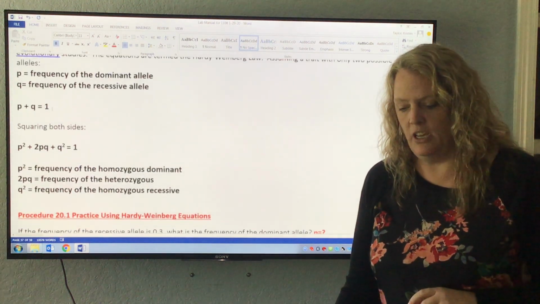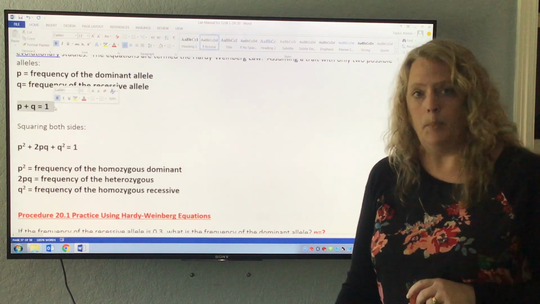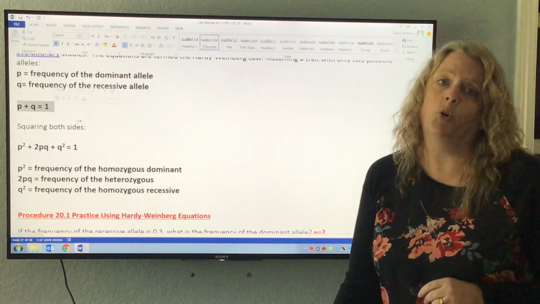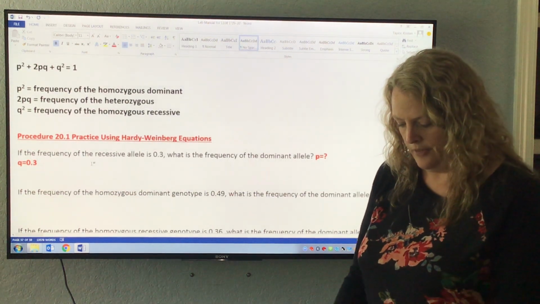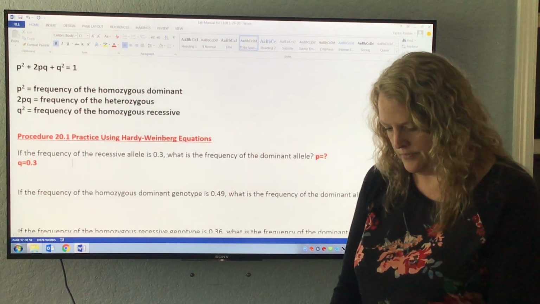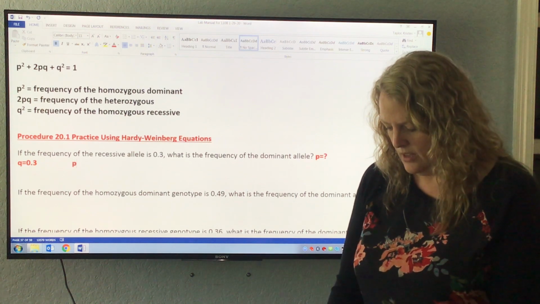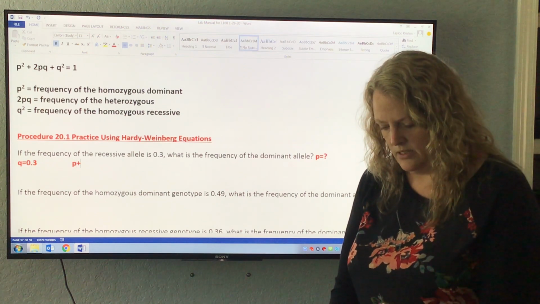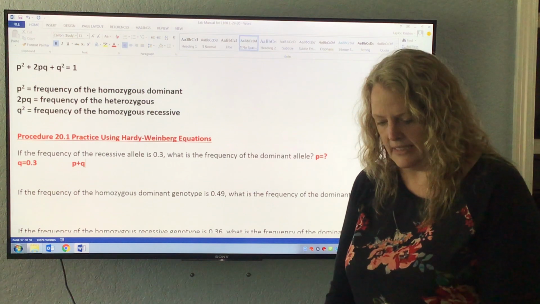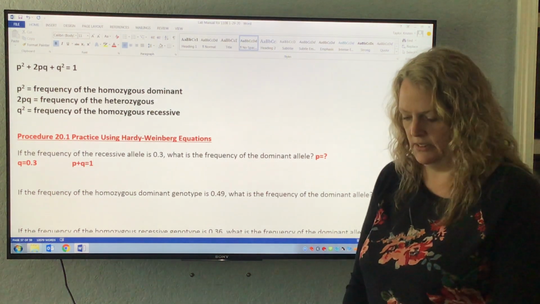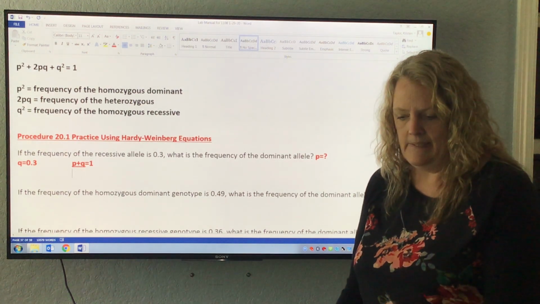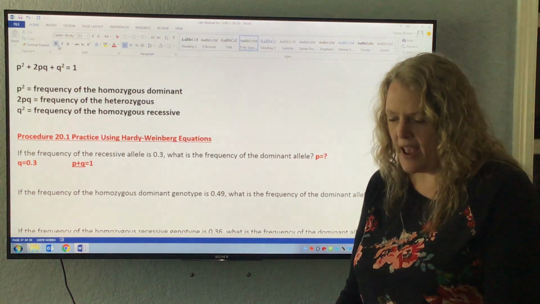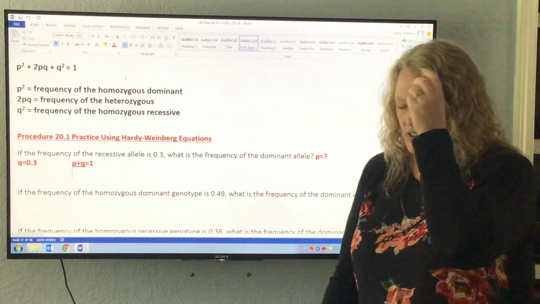So remember the equation, P plus Q will add up to 1. So P plus Q has to add up to 1. All right, so you know your math, figure this out.